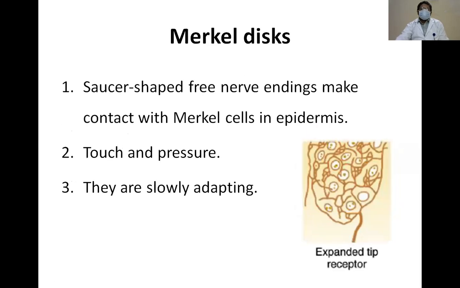Okay. Then the next touch receptor is the Merkel's disc. These are saucer-shaped free nerve endings that make contact with the Merkel's cells in the epidermis. They carry the sensations of touch and pressure. They are also slowly adapting.